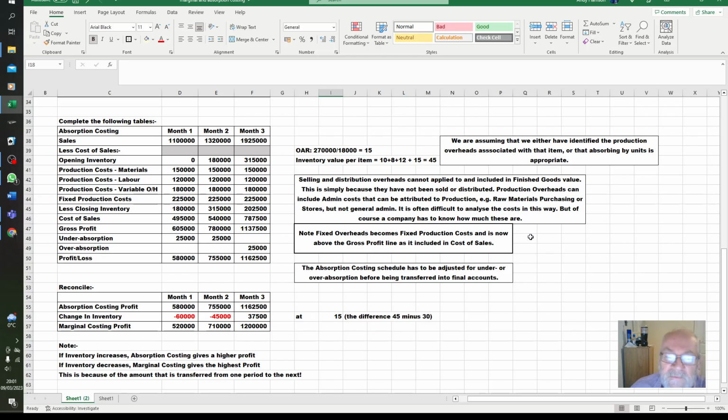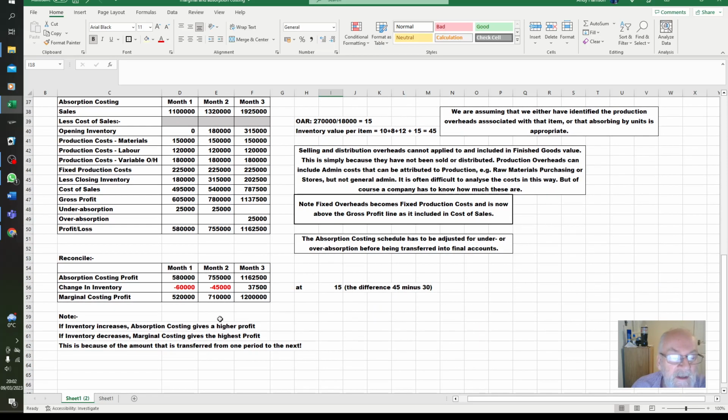Your decision. Fixed overheads become fixed production costs now above the gross profit line. That's why we saw the difference in the ratios, and we've had to adjust the schedule, table, statement for under or over absorption. And then if inventory increases, absorption costing gives a higher profit. If it decreases, marginal gives the highest profit.